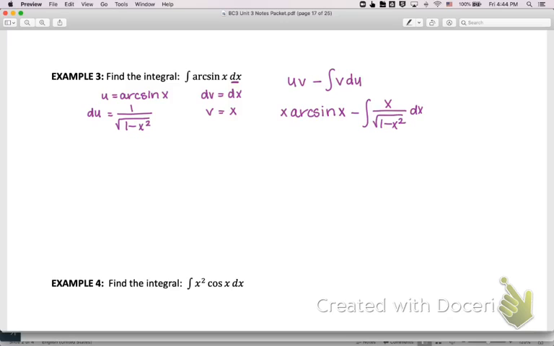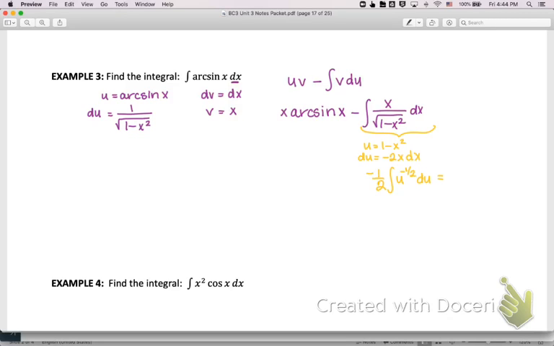This integral now is something where we can just use u substitution. So now if I let u equal 1 minus x squared, du is negative 2x dx. So when we do this integral, we're going to need a negative 1/2 on the outside, and that ends up just being u to the negative 1/2 du.